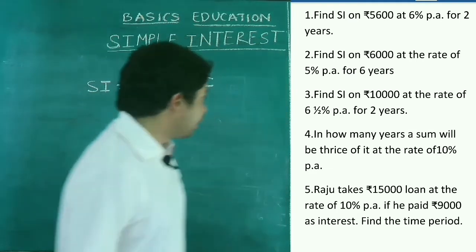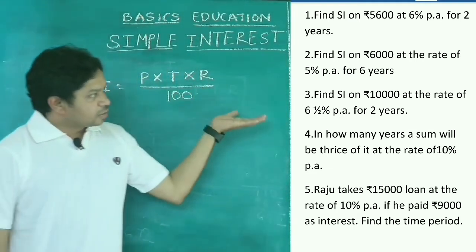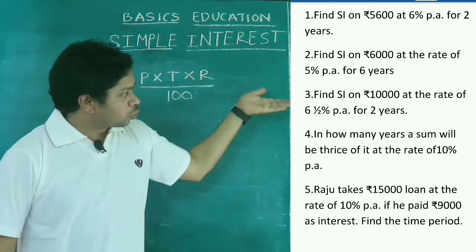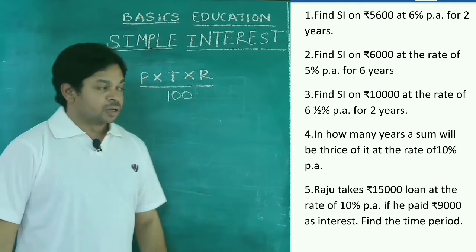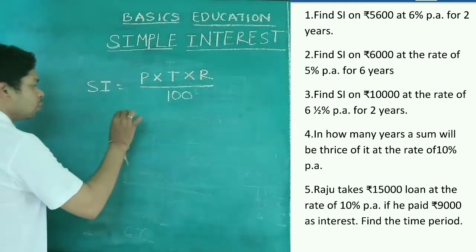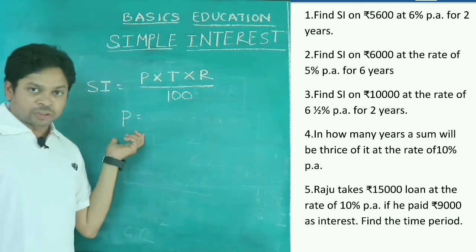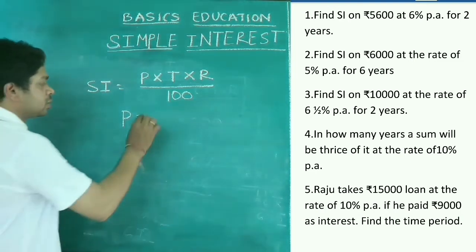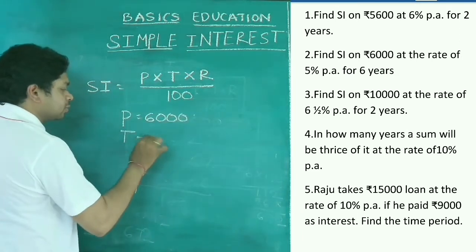Next, the next problem: find the simple interest on 6,000 rupees at 5% per annum for 6 months only. So we have to know the principal amount from the data. The principal amount is 6,000 rupees and the time period is 6 months.